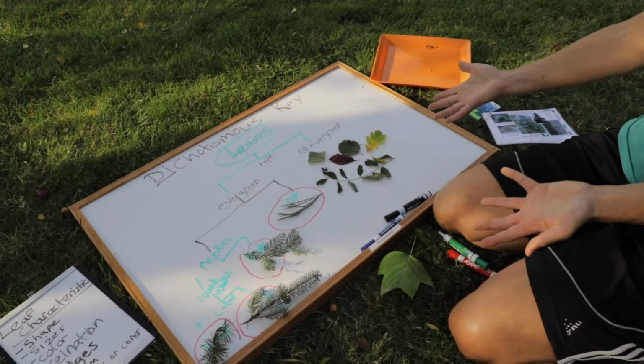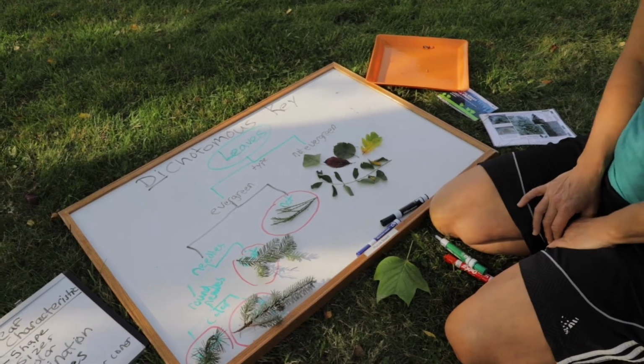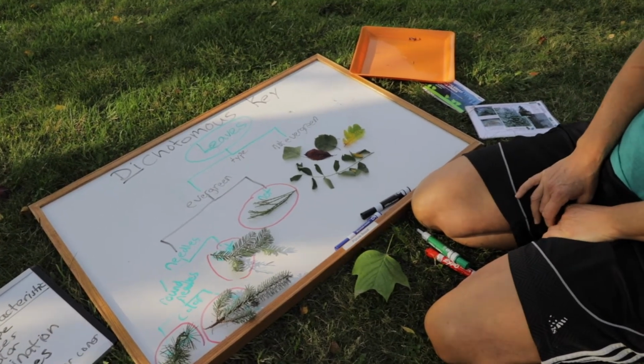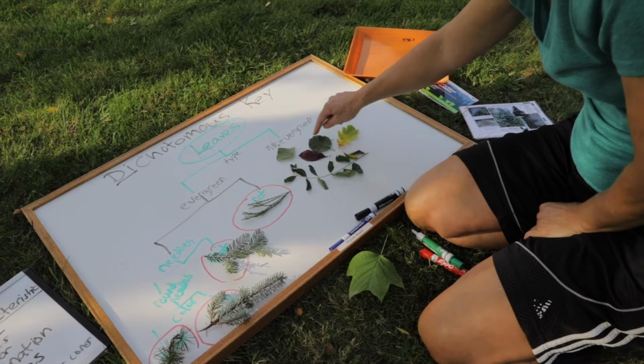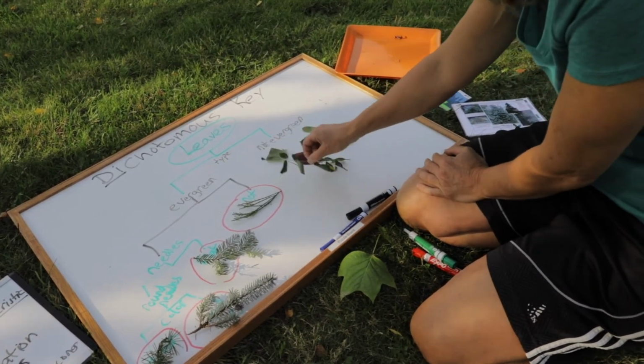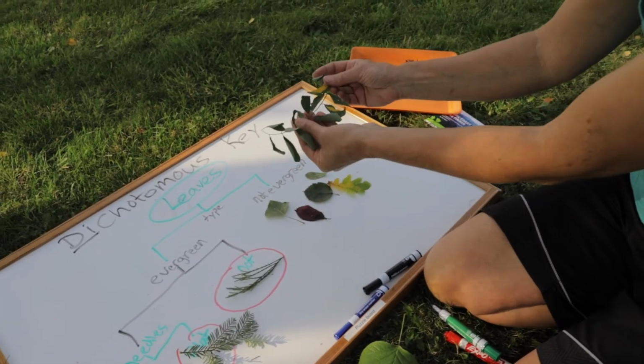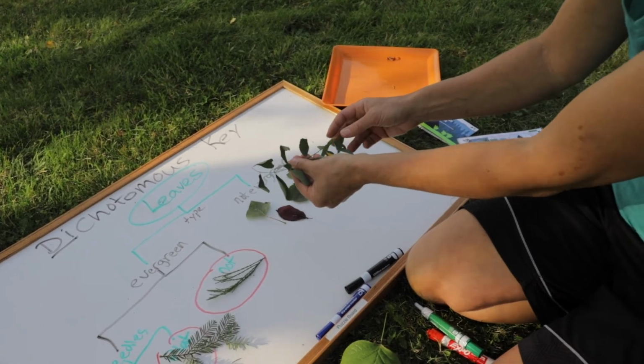So we can divide these. How about we look at the edges? Or no, you know what I think I want to do first? Look how this is one leaf. Oops, this one's hiding. One, but this has a whole bunch. This whole thing is considered a leaf, and these little ones are called leaflets.